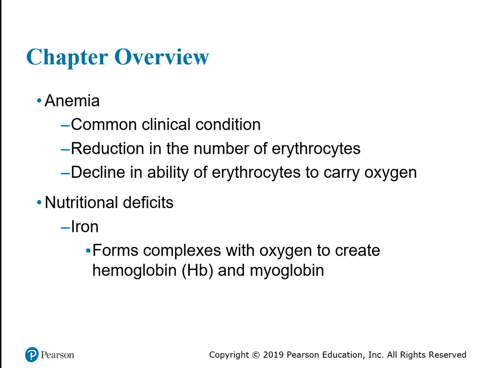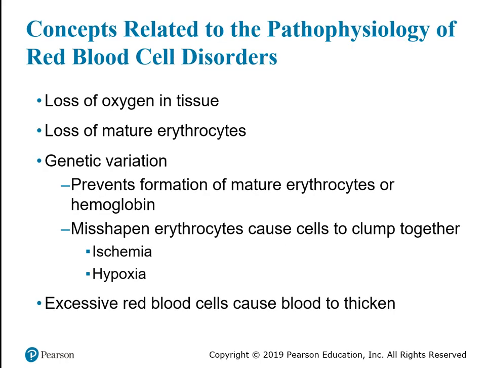Okay, so without iron, hemoglobin and myoglobin lose their ability to transport oxygen, or their ability is decreased. So what's going to happen? You have loss of oxygen in the tissues because those red blood cells are not able to carry that oxygen like they should. You have loss of red blood cells.